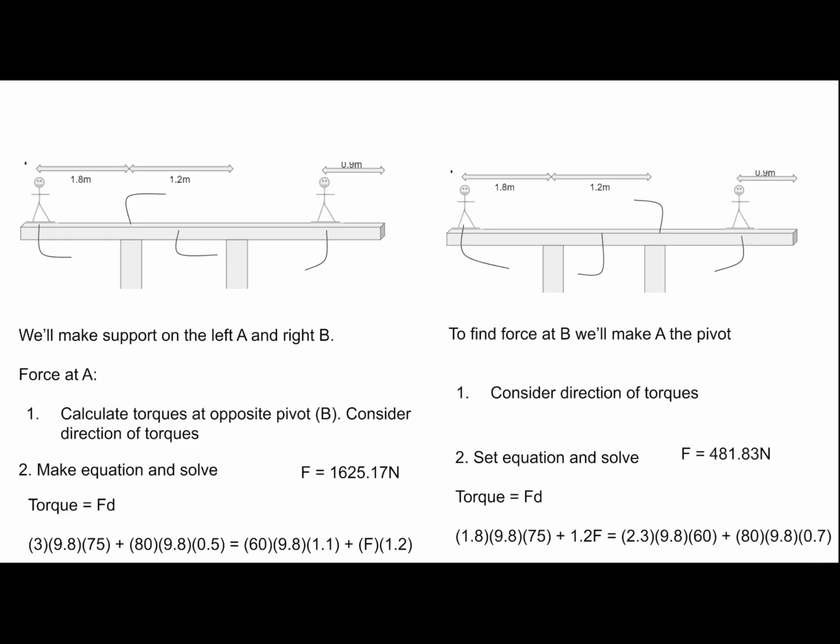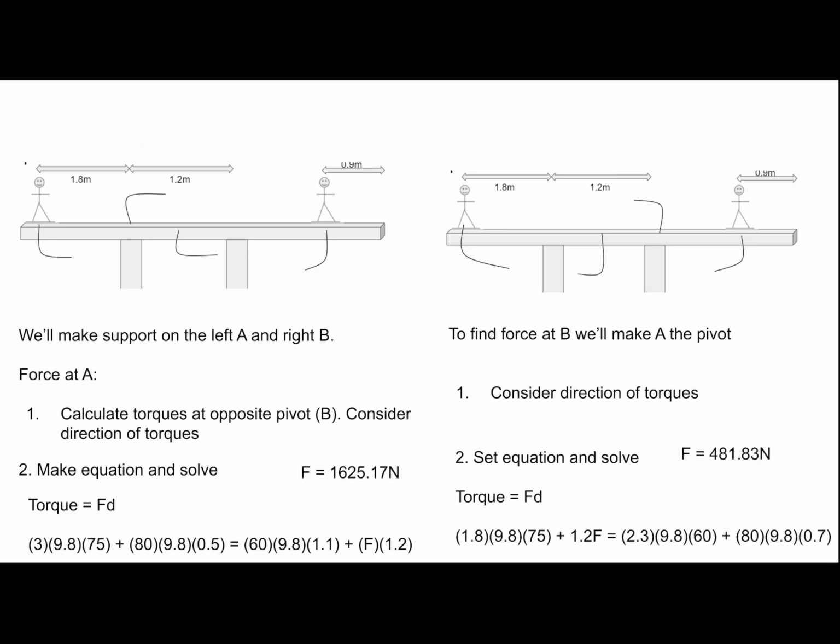And finally, what we can do to check our answer, I forgot to mention this in the slideshow, but a final thing we can do to check our answers is to calculate all the forces acting downwards, and then add our two answers up. Do our two answers added up equal all the forces acting downwards? When I say all the forces acting downwards, that's the weight force of Kevin, the weight force of the bar, and the weight force of Brian. Does that equal the two forces upwards by the two supports?